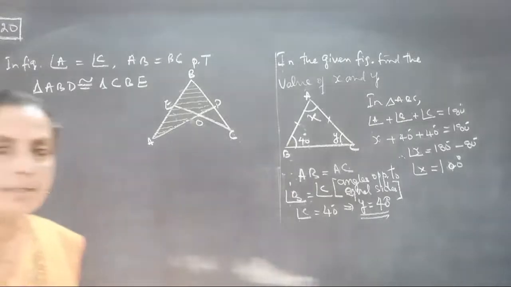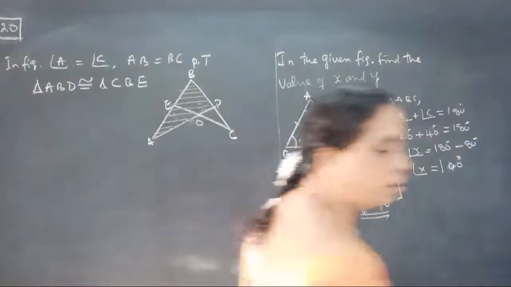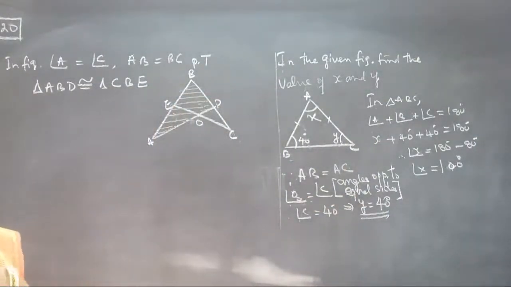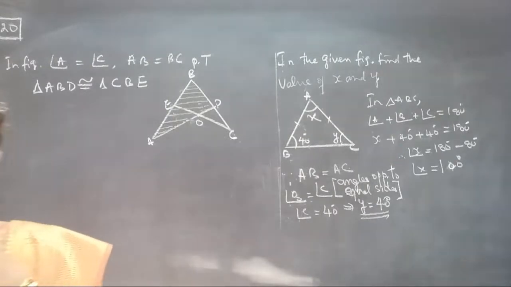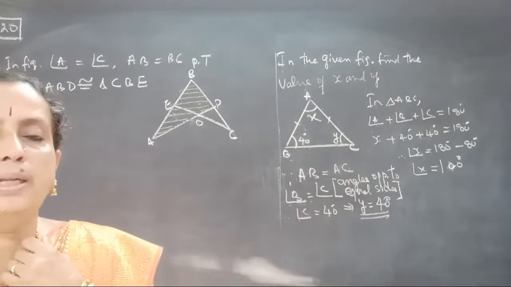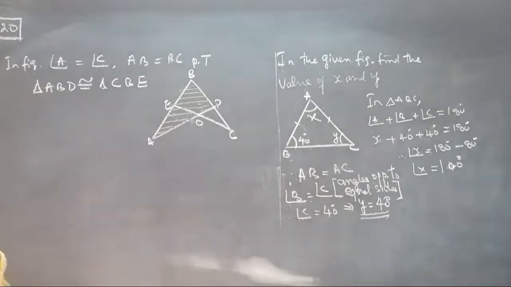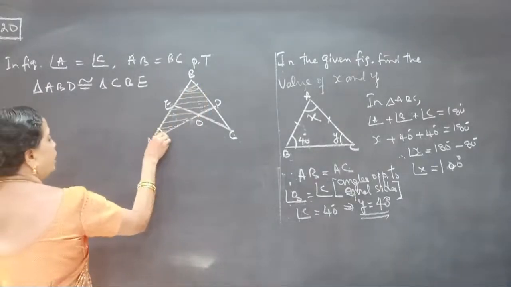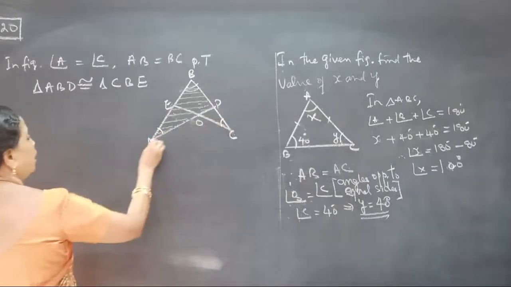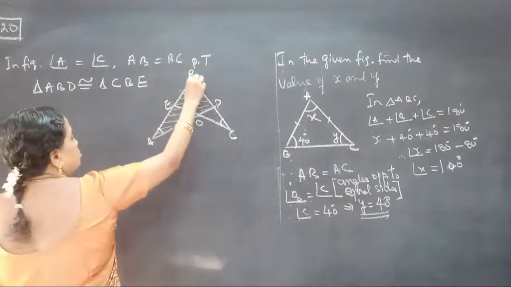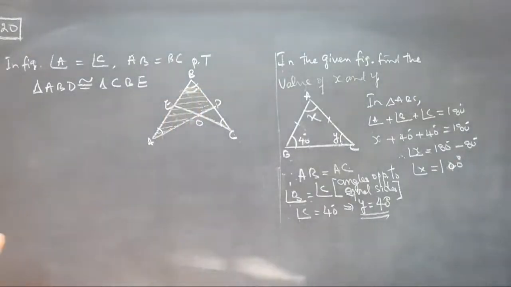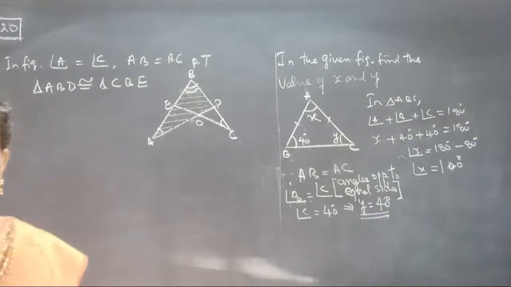For both the triangles, can you guess which is the common angle? Yes, angle B is the common angle. So, considering this, we can write angle A equals angle C and AB equals BC, and this is the common angle, by which congruency we can consider the triangles are congruent.